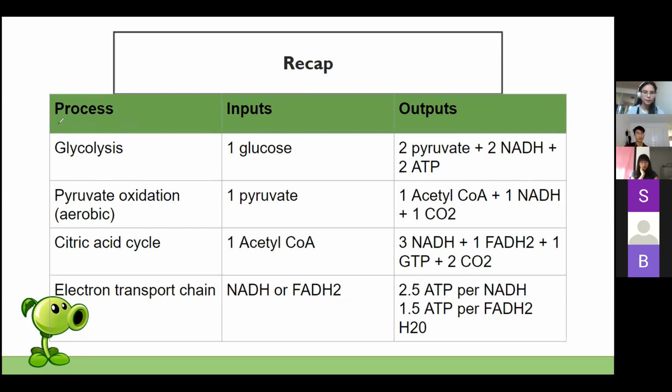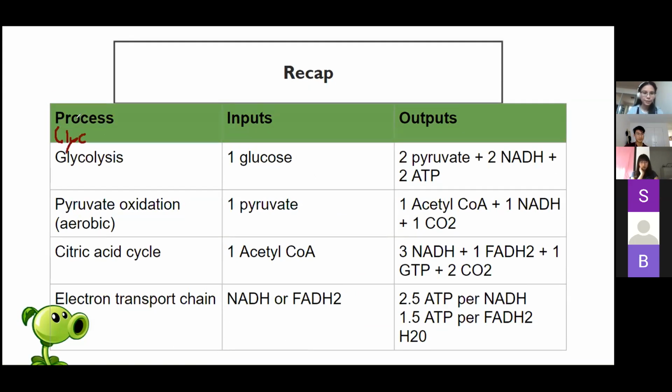Glycogenolysis. Oh yeah, glycogenolysis. So before this we have glycogenolysis, which is the process of converting glycogen to glucose.